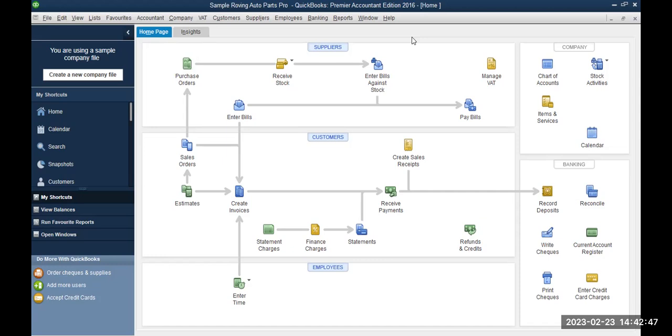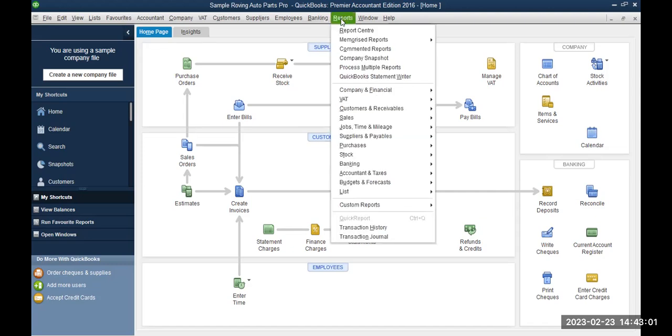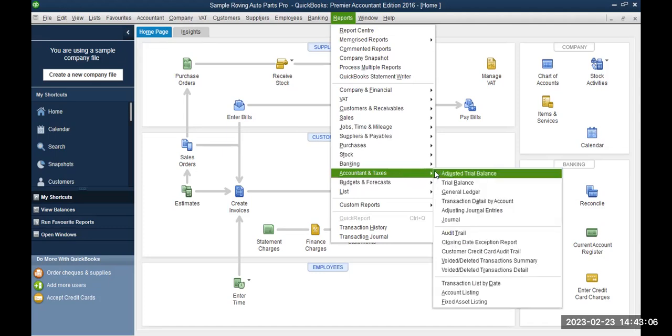So that you're able to follow up any issues that would be of concern. Okay, let me just take you to where the audit trail is. So if you go under the reports tab, okay, there's a drop down that comes out, and under accountant and taxes, there is audit trail.